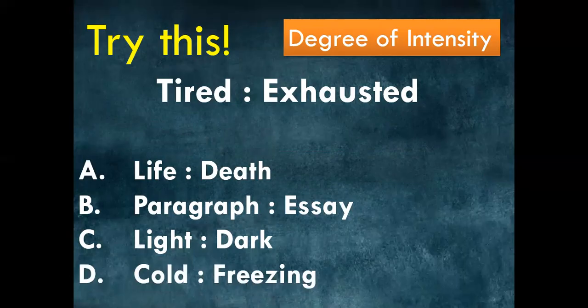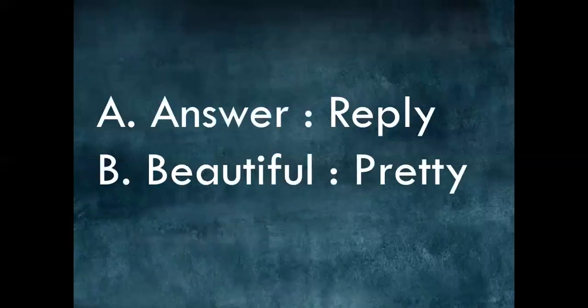The correct answer is letter D. Life and death, the word relationship would be antonym, opposite words. Paragraph is part of an essay. Light and dark would also show opposite words or antonym, while cold and freezing would give us the degree of intensity. So the correct answer is letter D.